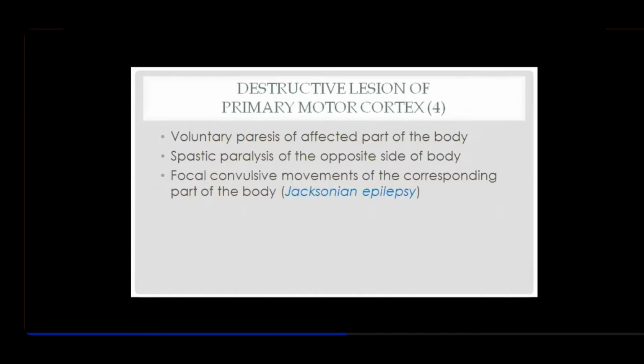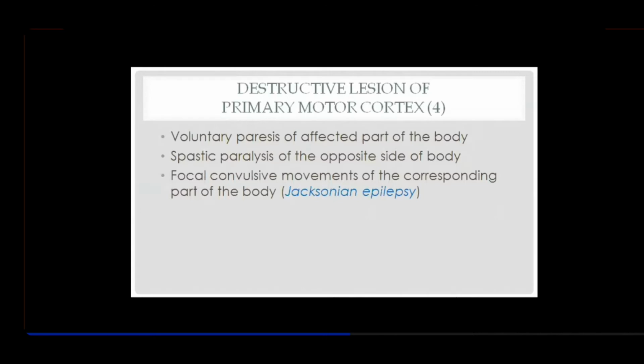The muscle tone is not lost, there is no wasting of the muscles, and there will be jerky reflexes, hyperreflexia. But in the end, the desired functions, what you plan to do, like walking, writing, playing with your hand, all these voluntary skilled activities are lost. So this is called a spastic paralysis of the opposite half of the body.